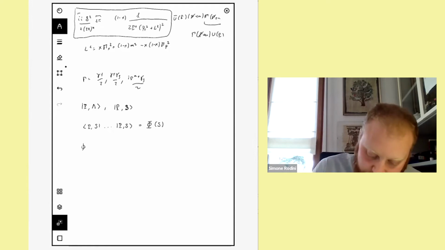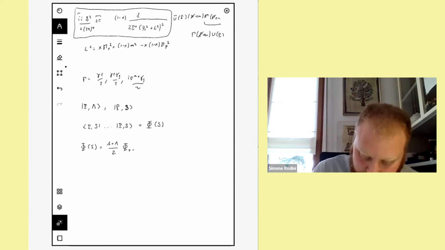So phi of S, you can actually write it as 1 plus lambda over 2 phi plus plus, where I write phi lambda prime lambda as the correlator.